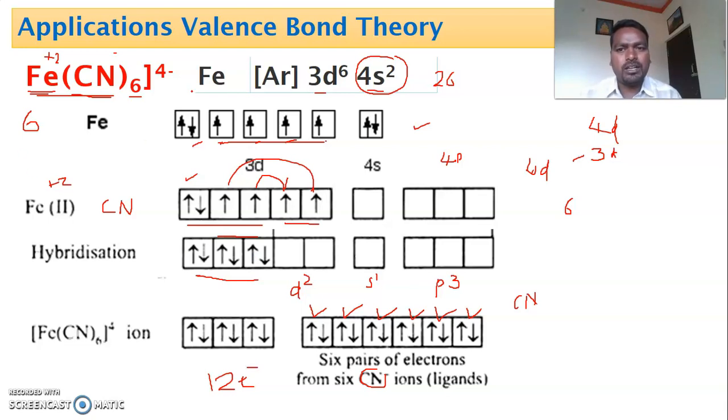So first write the electronic configuration of the neutral atom, then write the box diagram and write the electronic configuration of the +2 ion. Then after that, identify whether it is a strong ligand or weak ligand.